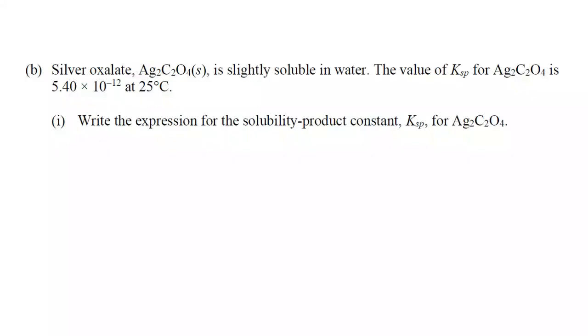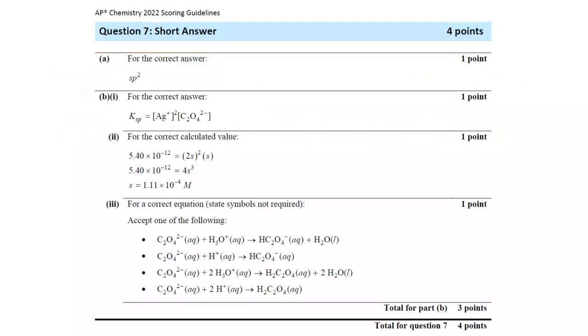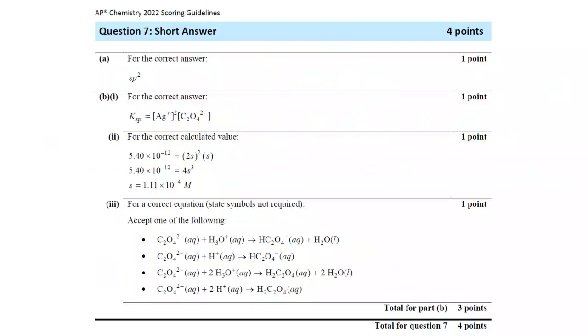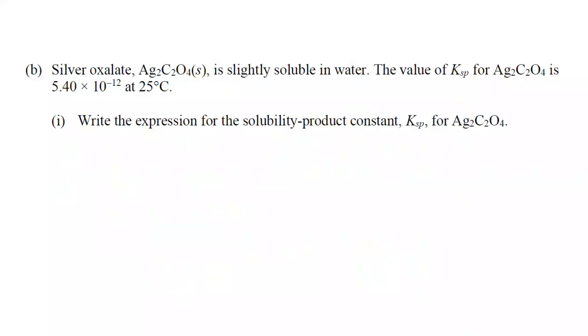So part I of part B says write the expression for the solubility product constant Ksp for the silver oxalate. Be careful to include the correct charges on your ions when you write the Ksp. Now we're already given that the charge on the oxalate ion is -2. So if I have 2 silver ions, they must have a charge of +1 each.